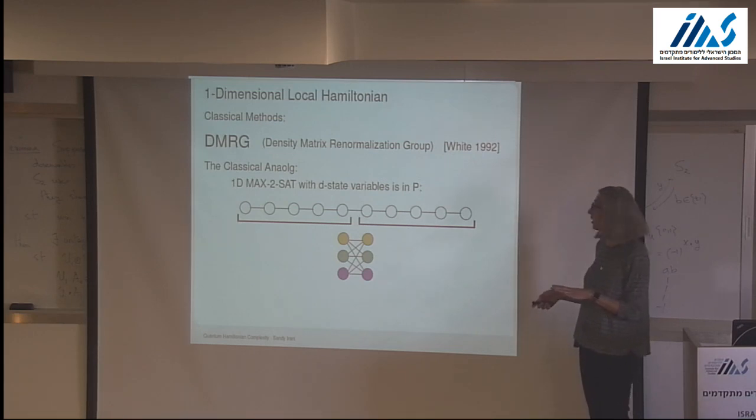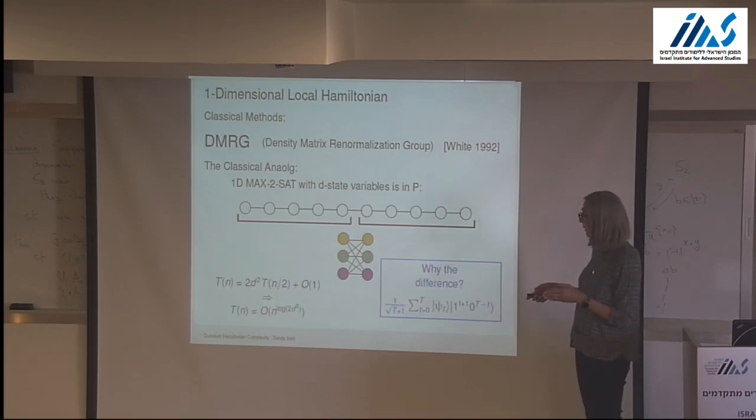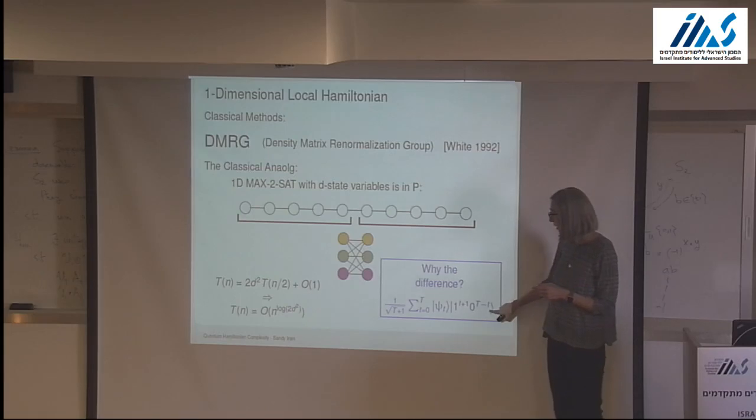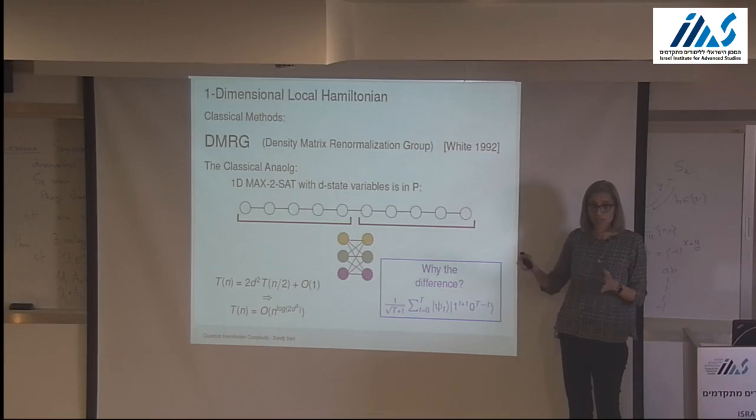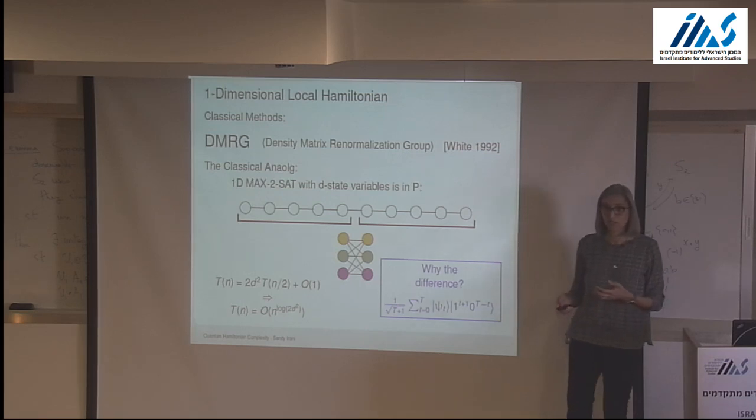Okay, so one might expect that difference to show up in the quantum, but it's the fact that superposition gives us an extra dimension that allows us to encode a hard problem in a 1D Hamiltonian. So the extra dimension is this quantum superposition that we get.